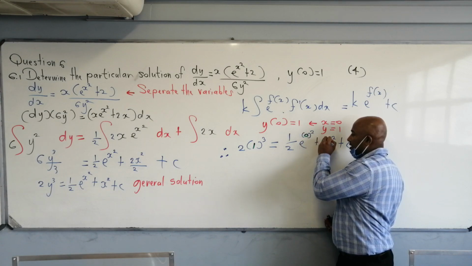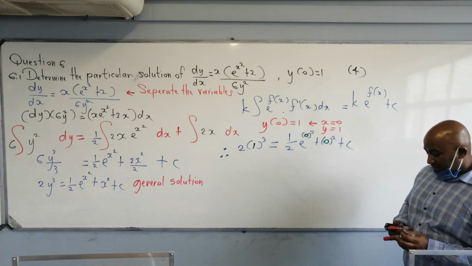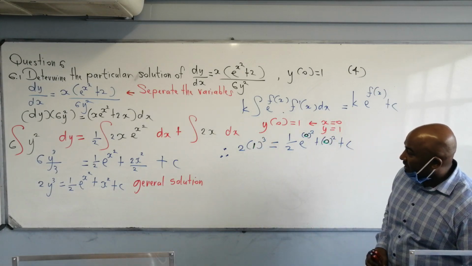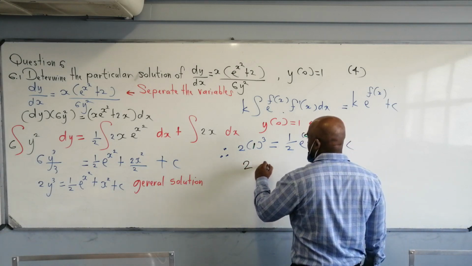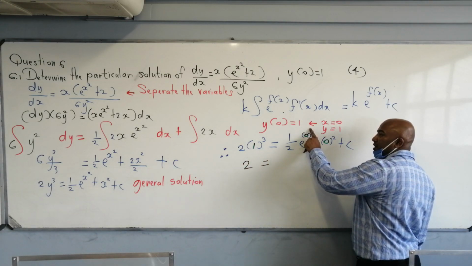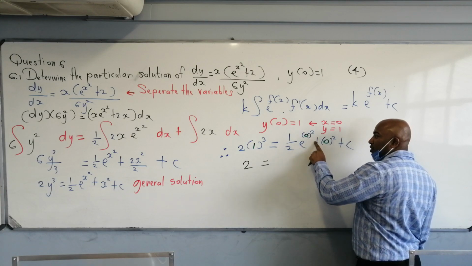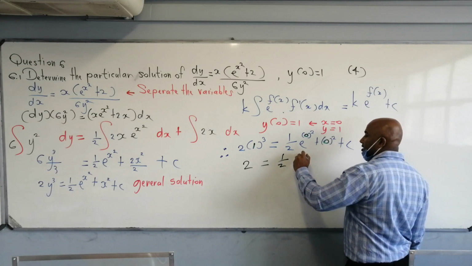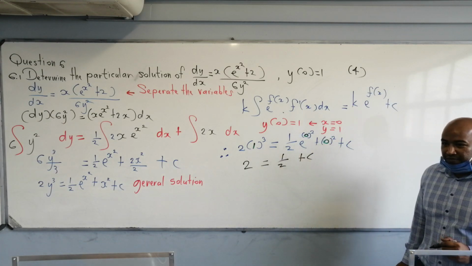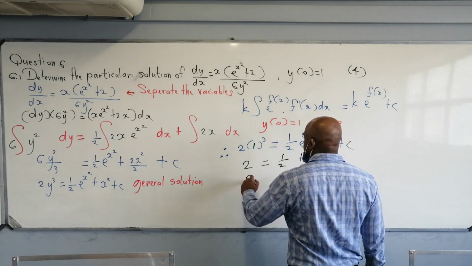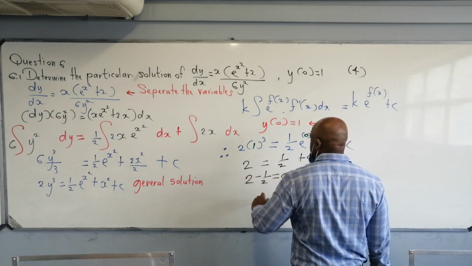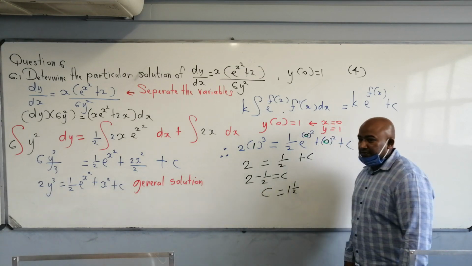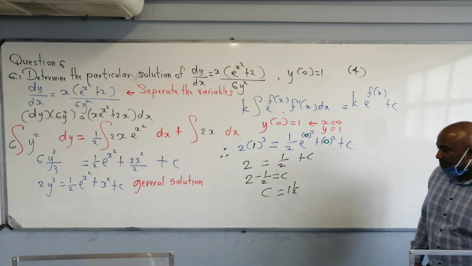We can work this out. 1 to the power 3 is 1, and 1 times 2 will be 2. Here, 0 squared is 0. e to the power 0 is 1. 1 times half will give me half. 0 squared is 0, so I just got plus c. Clear with that? So therefore, 2 minus half is equal to c. So c is equal to 1 and a half.